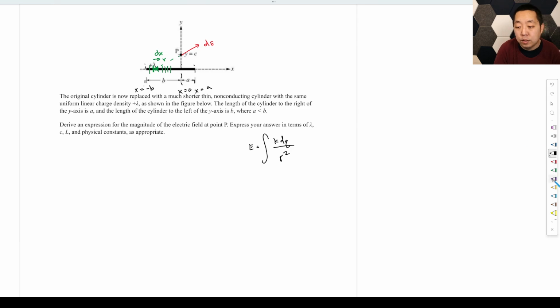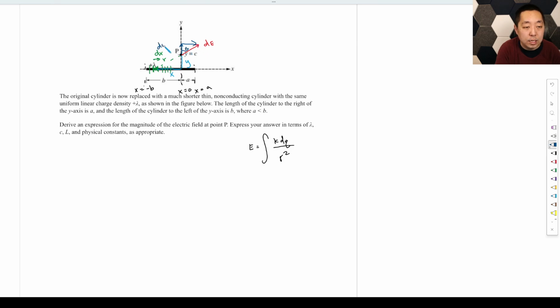Looking at dimensions, the distance from here to here is x, and the distance from here to here is y. So you actually know what r is. Now we want to think about the contribution to the electric field. We need to think about the x and y components separately, so we need to add the x and y separately. Let's make this theta.